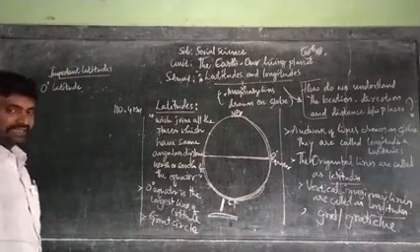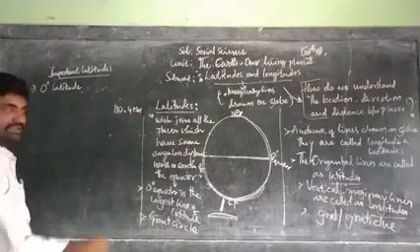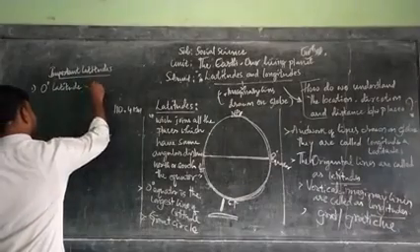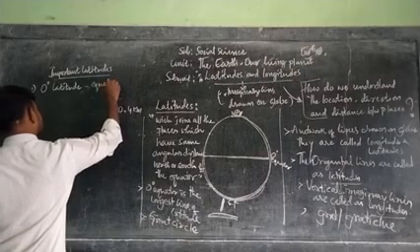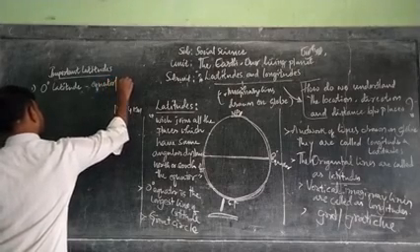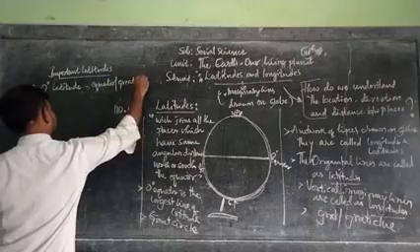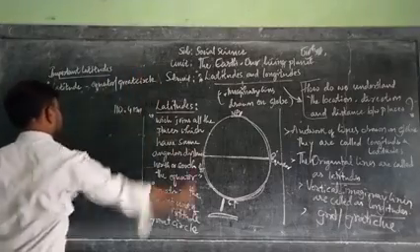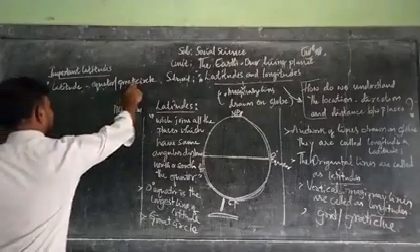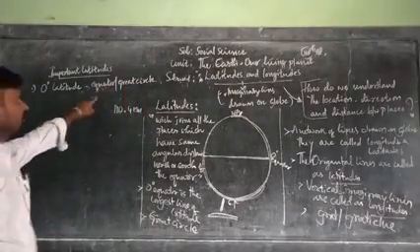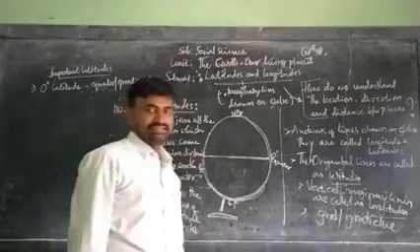That is the equator or great circle. This is what we call the equator or great circle.